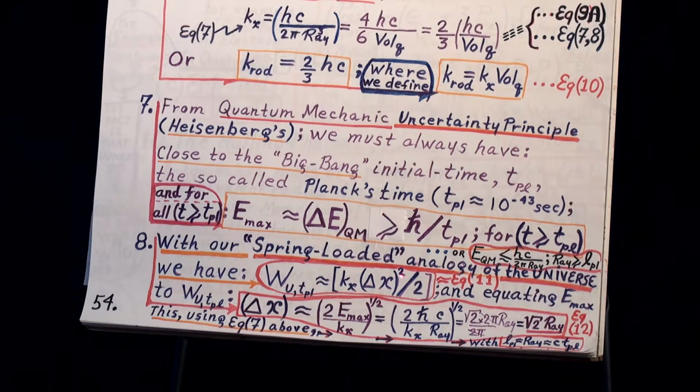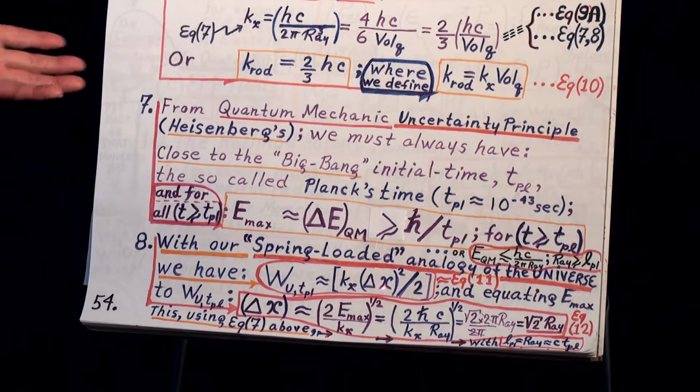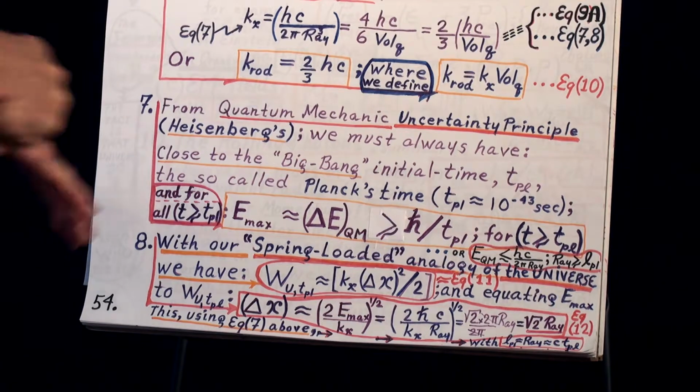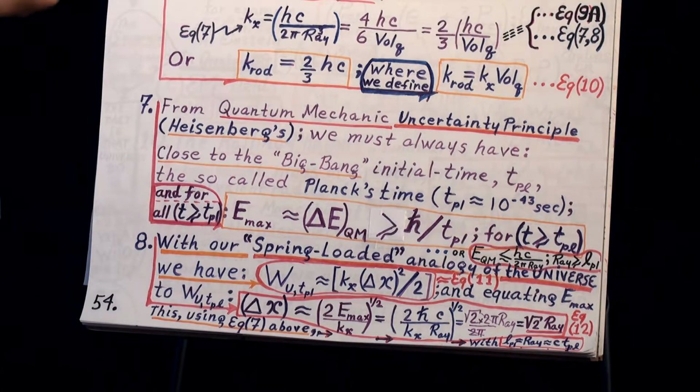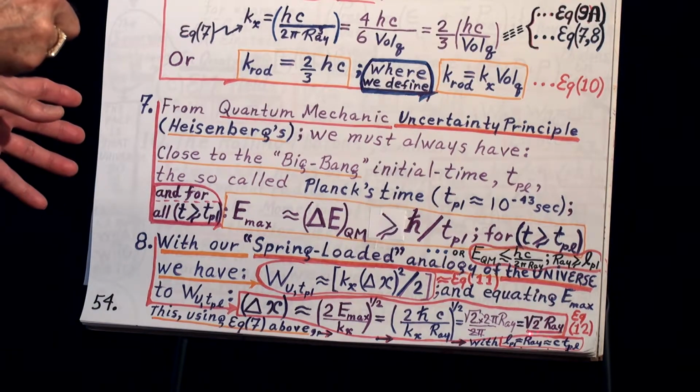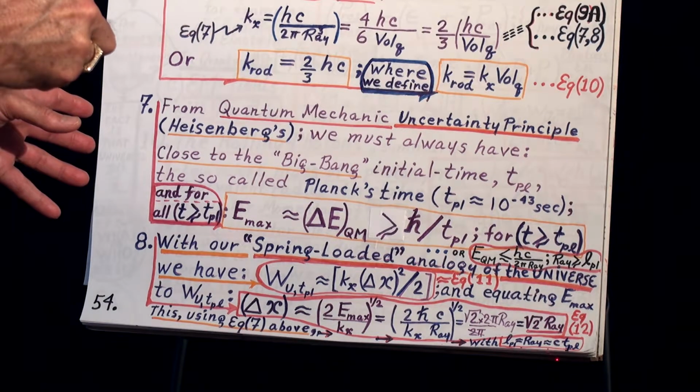The elongation squared, divided by 2, is the mechanical energy of the spring to break it. Then you have a Big Bang. So it's an equivalent. The delta x distance that you would need to do that happens to be square root of 2 times rho.